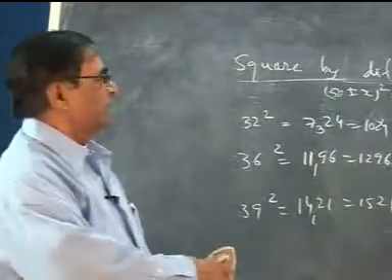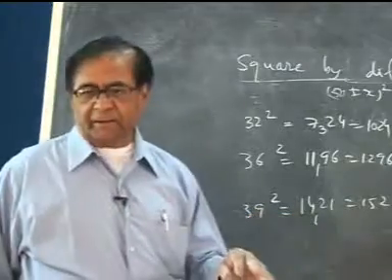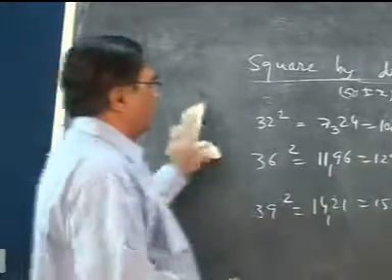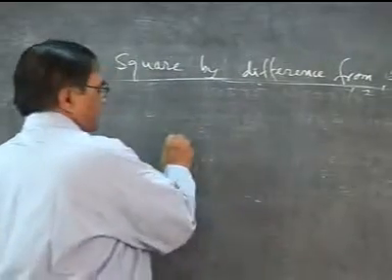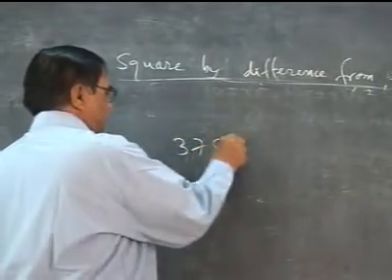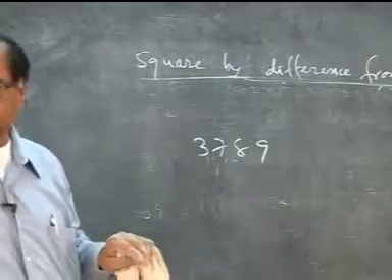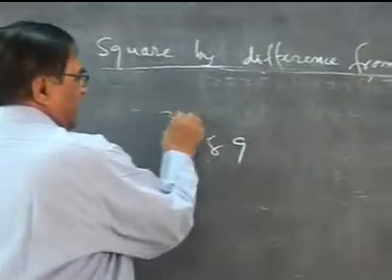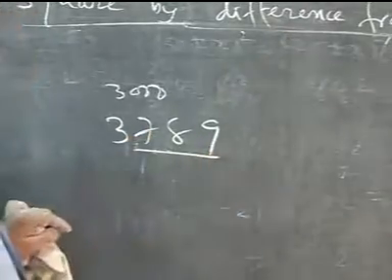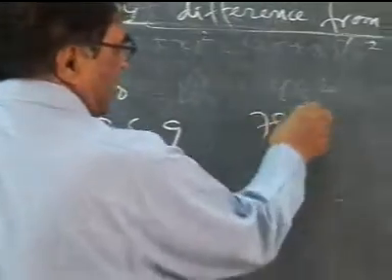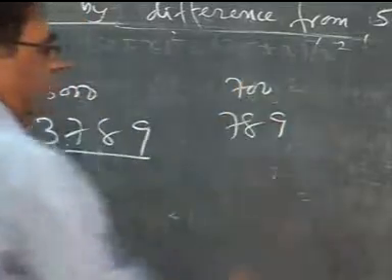Well friend, yet the problem will be there. Suppose I want to find the square of, somebody can say to me, suppose this is 3789. Obviously, first I need to find 3000. Then I have to find the square of 789. So for 789, I need 700 for base.